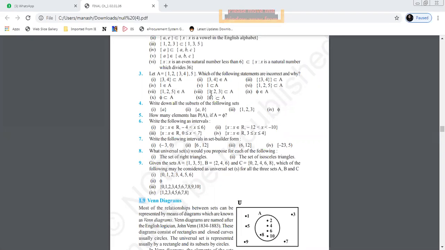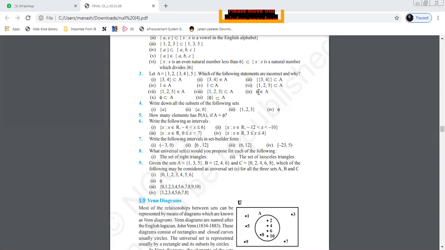Next one, see, {1,2,3} subset of A, this is correct or wrong? Wrong, because 3 is not an element of the set A. {3,4} contains one element, 3 is not an element of this set. So that's why it is not a subset of A.